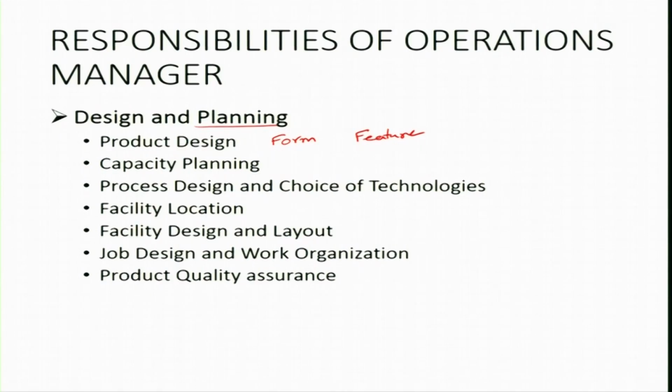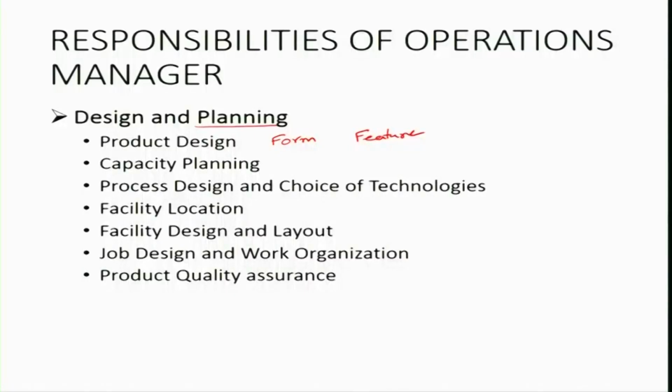We have to design that, and then I have to do the capacity planning, how I am going to convert that product design into a product by having the appropriate processes, choice of technology and appropriate size of the machines, technology, plant. Then the third important thing, once I have decided the design of the product as well as the processes, my next step is to locate the factory at the most suitable place, not only to meet today's requirement, but also for the next 20-30 years of requirement.